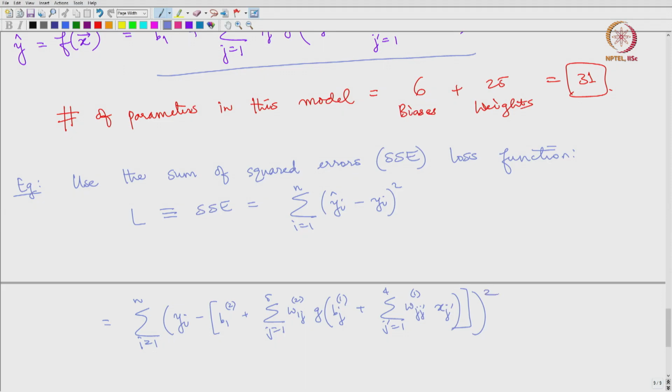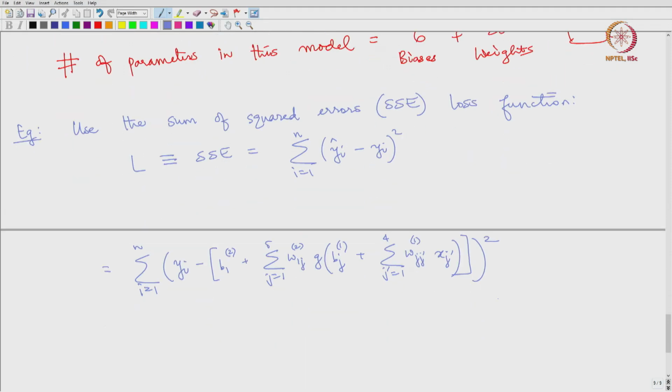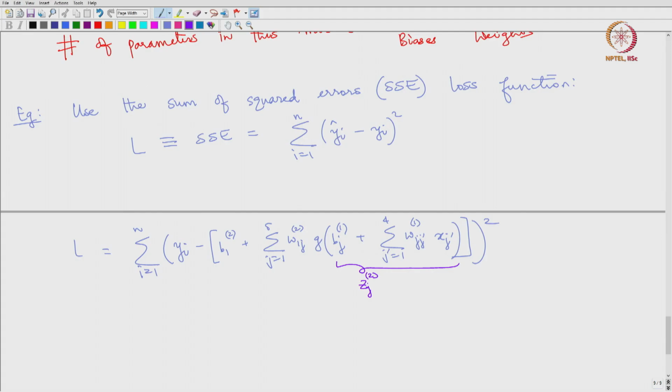Okay. So, this is basically the loss function. And if you remember, this can be written in a convenient way as Z_j^(2), because it is the pre-activation value of the jth node in the second layer.